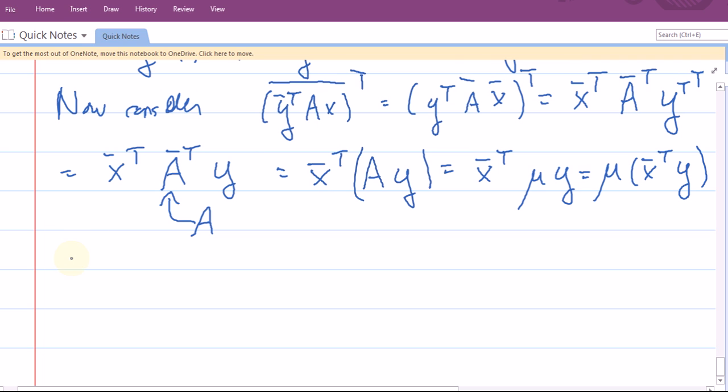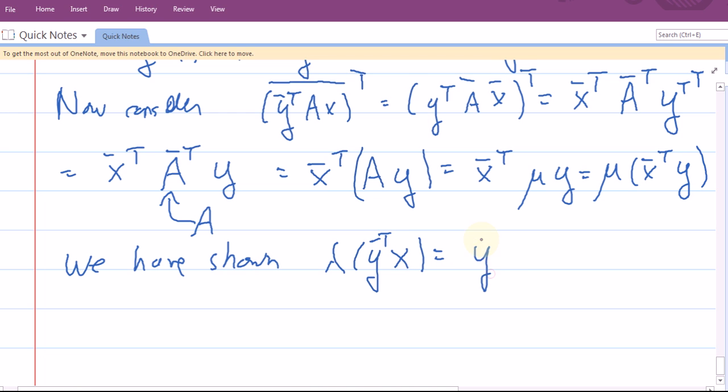So we have shown that the conjugate transpose of, well, first of all, I have lambda times y conjugate transpose x, and that was equal to y conjugate transpose times Ax.